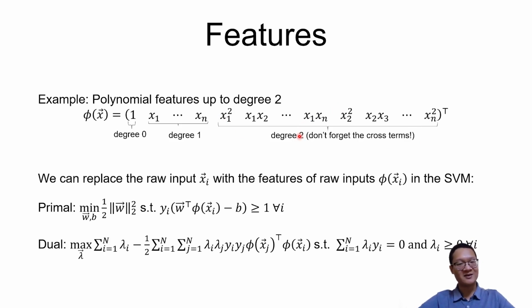So the idea is that we should first change x_i into phi of x_i, and now phi of x_i becomes the features, the input to SVM. The primal problem would look the same, except that x_i is replaced with phi of x_i, and the same with the dual problem. The dual problem would have x_j and x_i replaced with phi of x_j and phi of x_i.